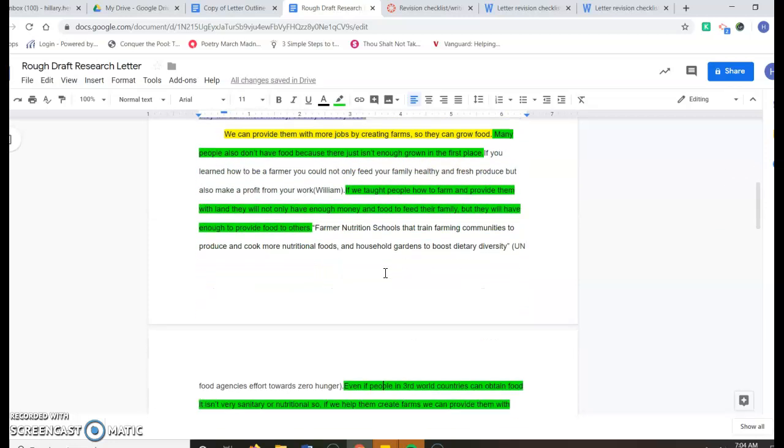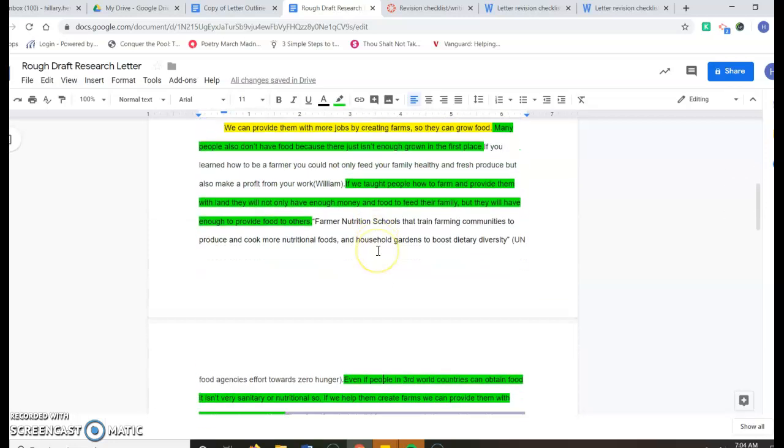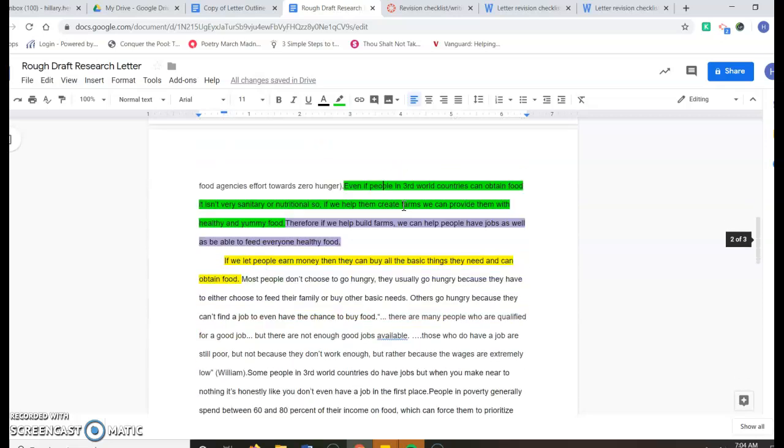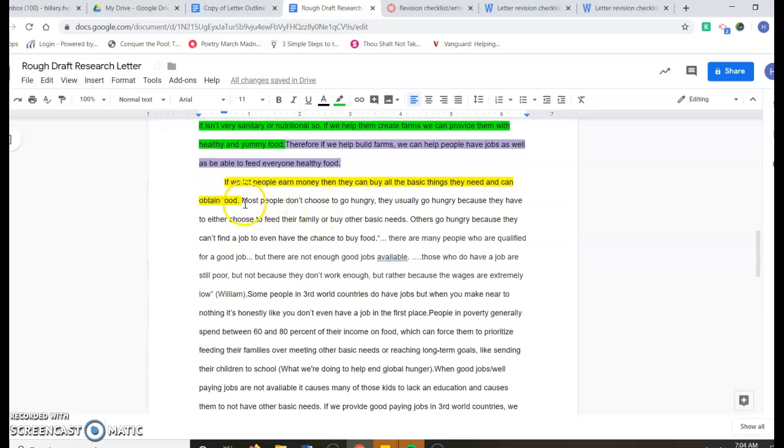This is looking pretty good. So that paragraph was a good paragraph. Lots of green. Good. Looking good.